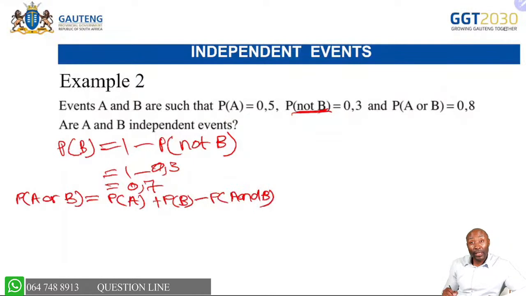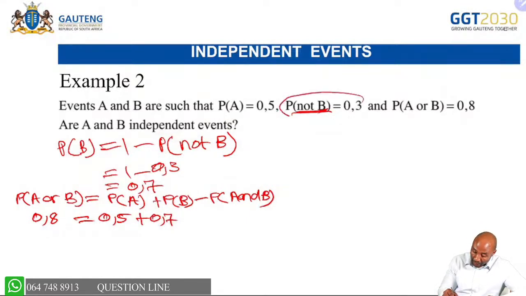So we will use the identity to find the probability of A and B. I will substitute the probability of A or B, 0.8, is equal to the probability of A, 0.5, plus the probability of B, it's 0.7, not 0.3. The probability of not B is 0.3. Let us be careful about that one.